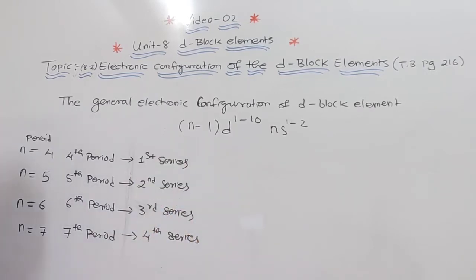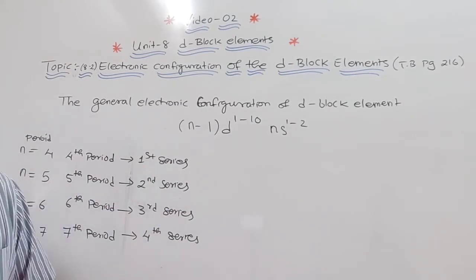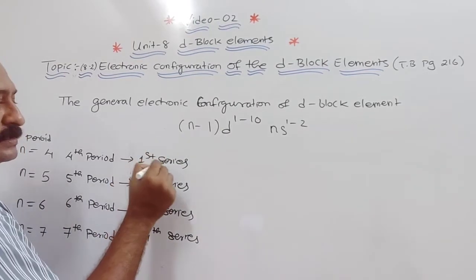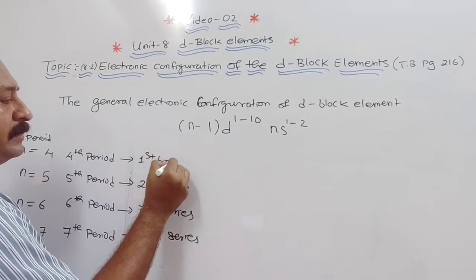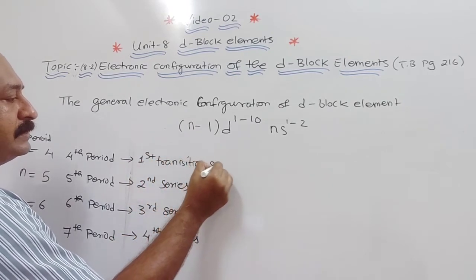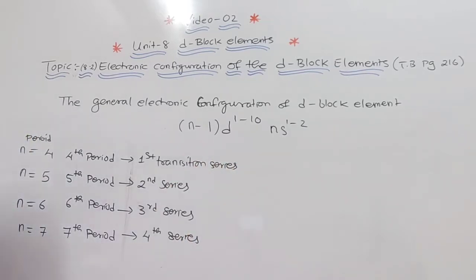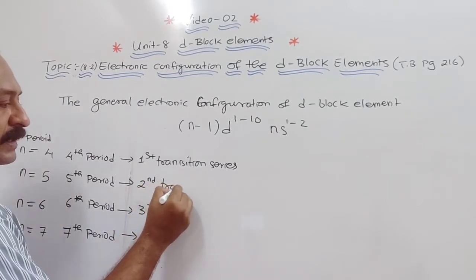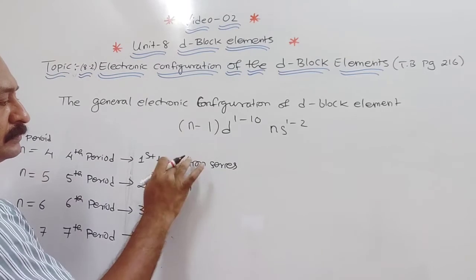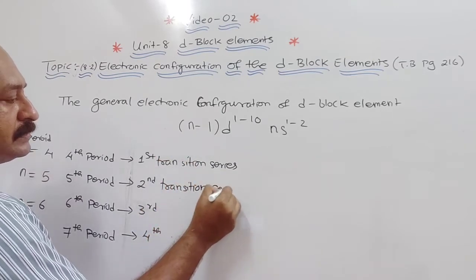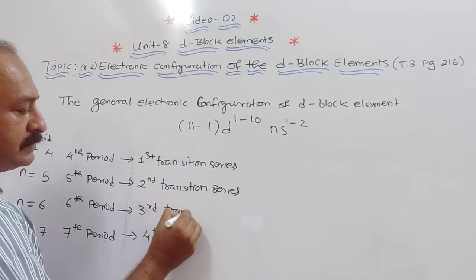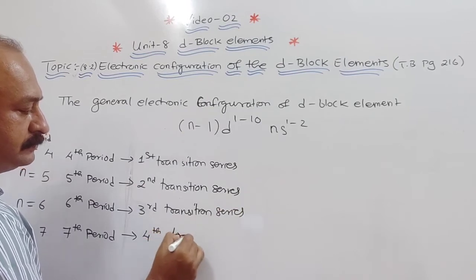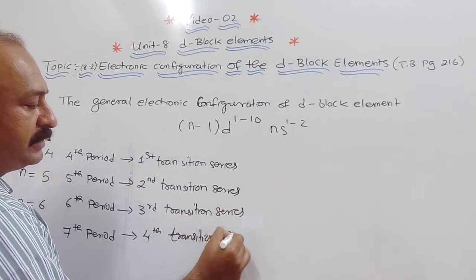So there are 4 series in D block elements: first transition series, second transition series, third transition series, and fourth transition series.